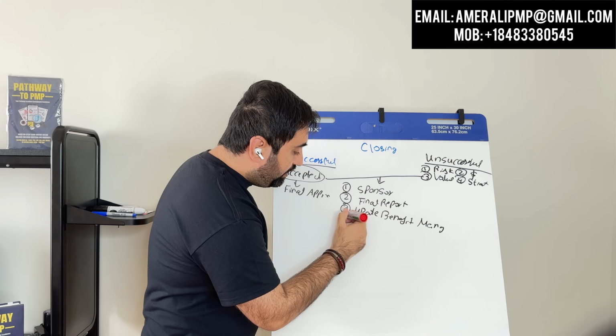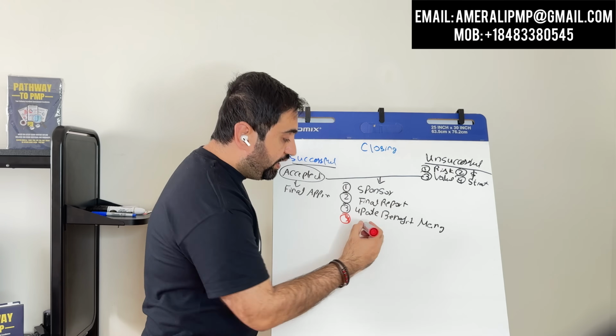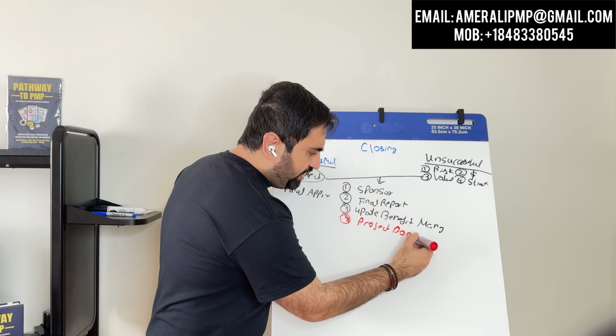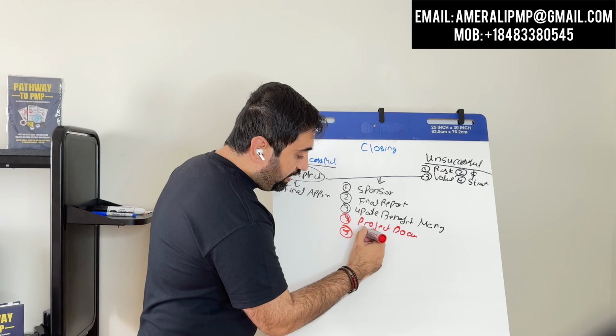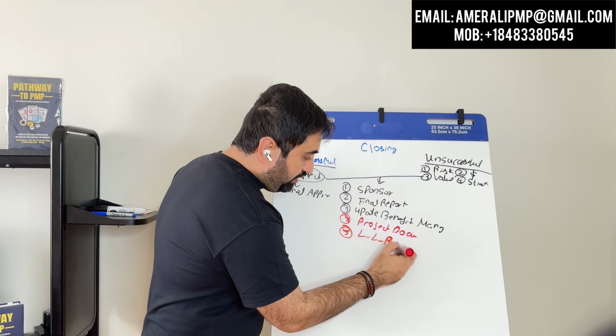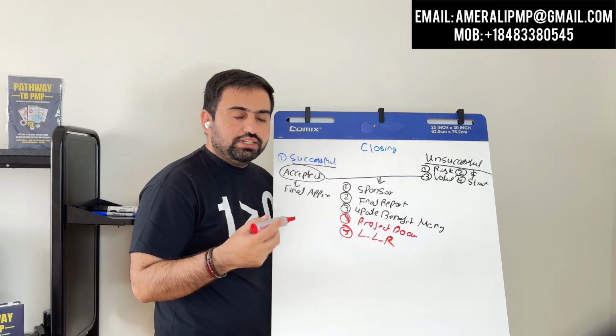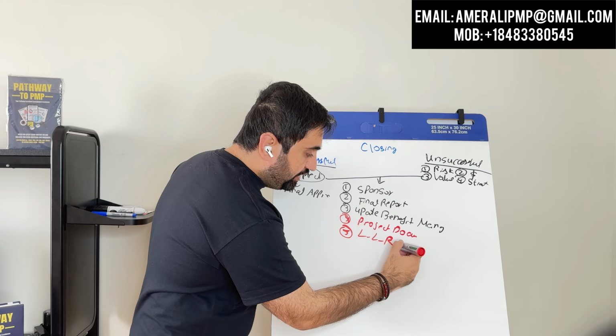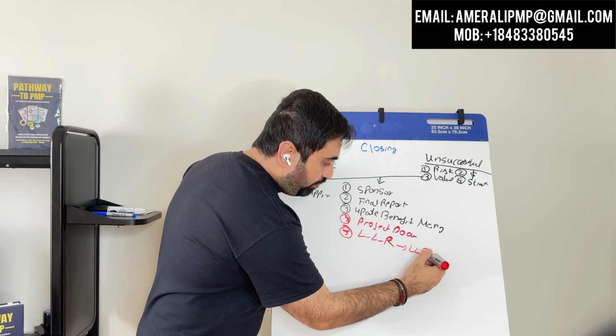Fourth step, you start writing project documents, the issue log, etc., and you start writing the lessons learned register. Both of these, project documents and lessons learned registers, are everybody's responsibility. Once lessons learned registers are written, they go to the lessons learned repository.